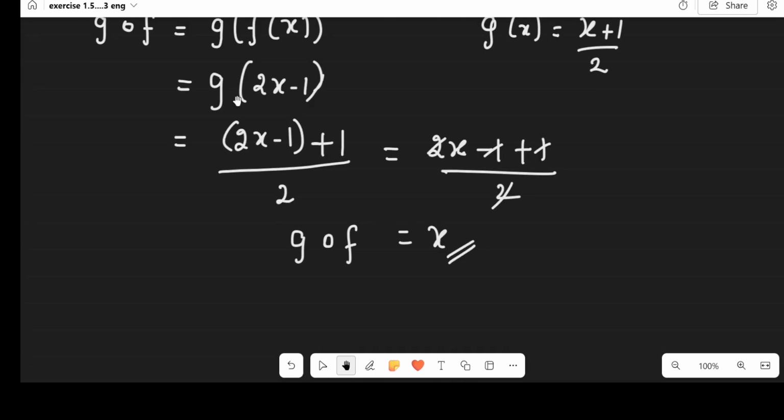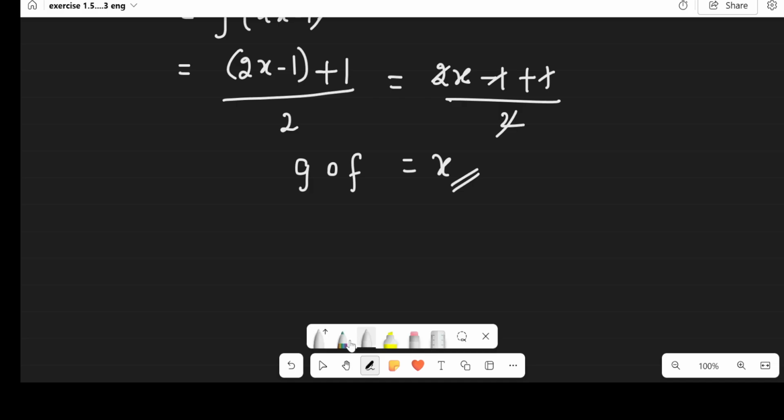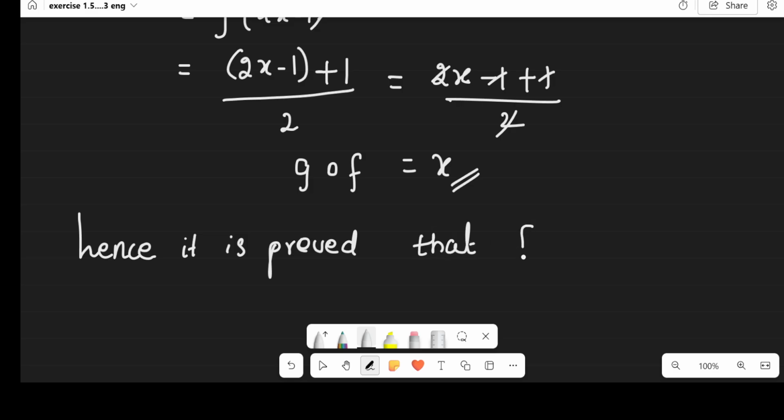So the answer should be like: hence it is proved that f of g equals g of f equals x, right?